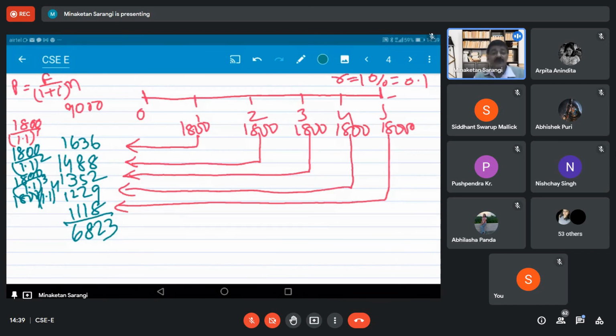Now then tell me whether you would like to pay 9,000 right now or 1,800 per month over a period of 5 years to get these 10,000 rupees after 5 years. Tell me. 1800 per year.